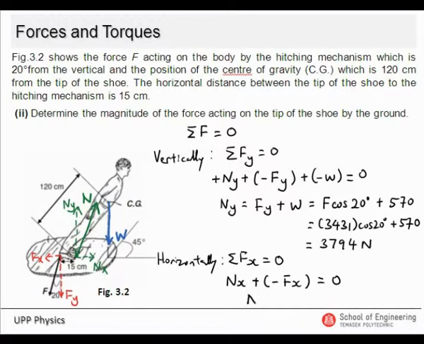So Nx is simply equal to Fx, which is F sine 20. And we know that the force F is 3,431. So 3,431 sine 20.